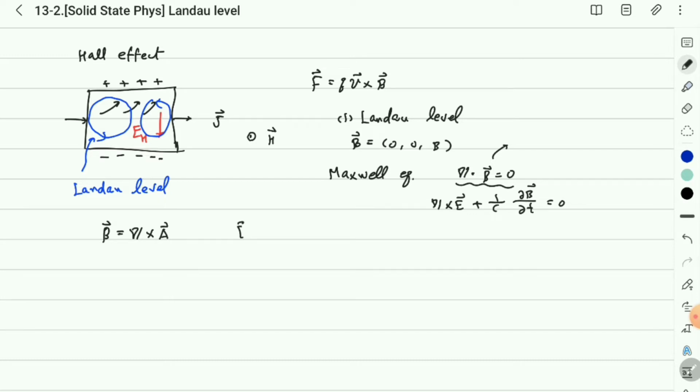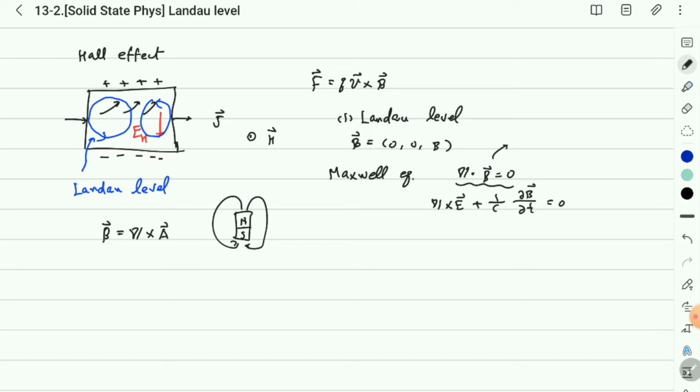For example, when we see a magnet with N and S, the magnetic field rotates like this, and in that case there is no divergent component. It is the origin of the divergence of curl equaling 0. Then we define the vector potential. Here A is the vector potential.